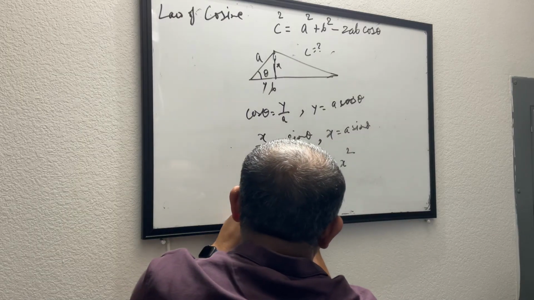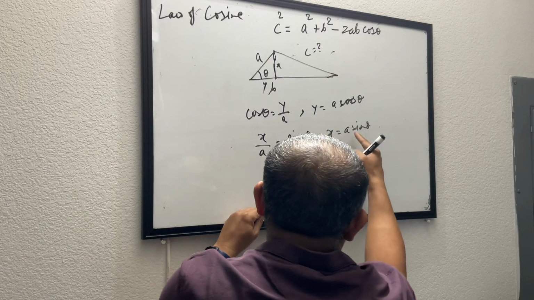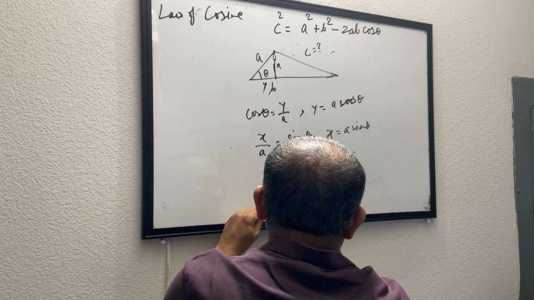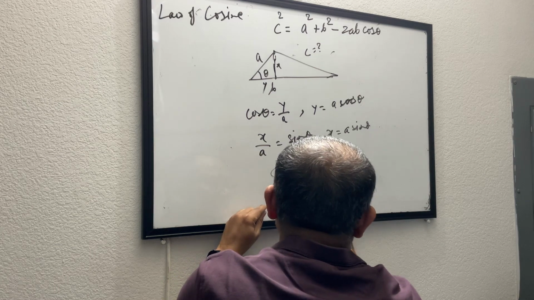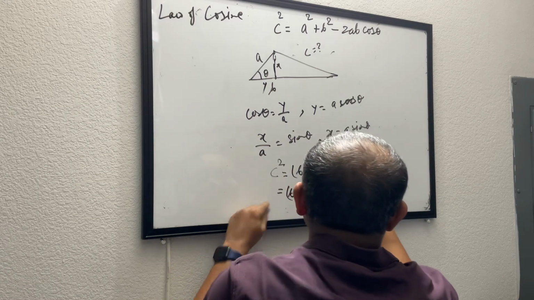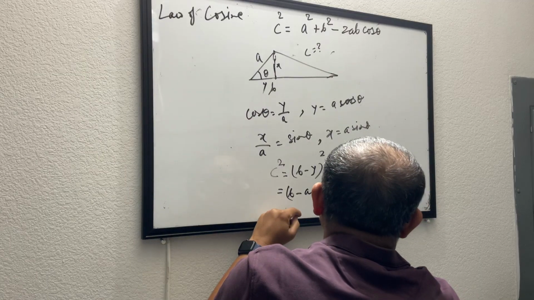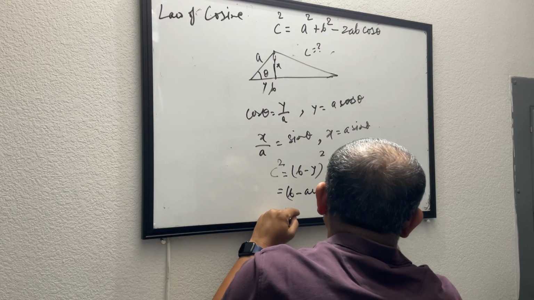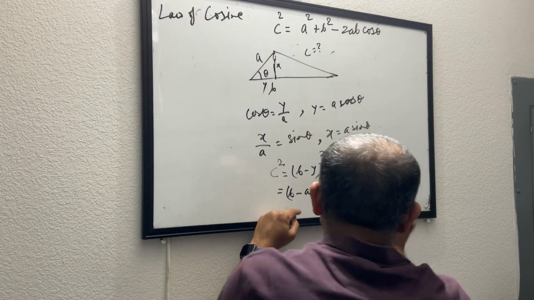So you are just plugging in the values. b minus y is b minus a cos theta, squared, plus x, which is a sine theta, squared.